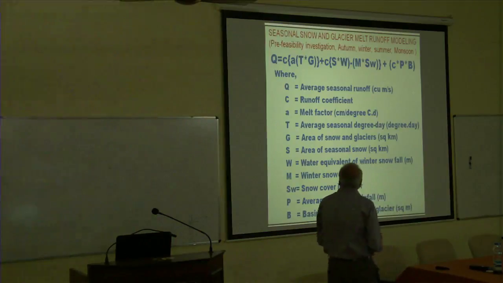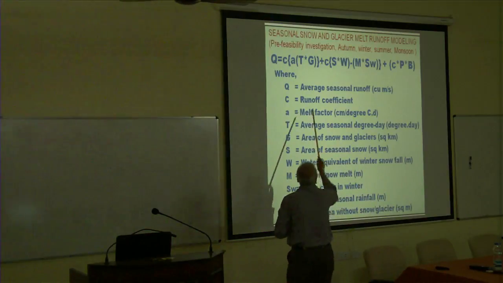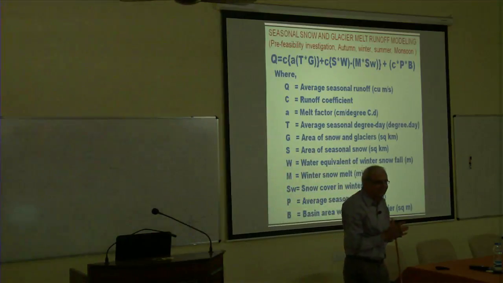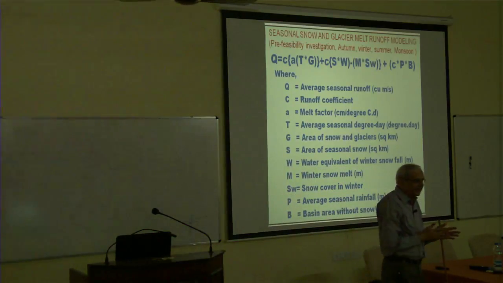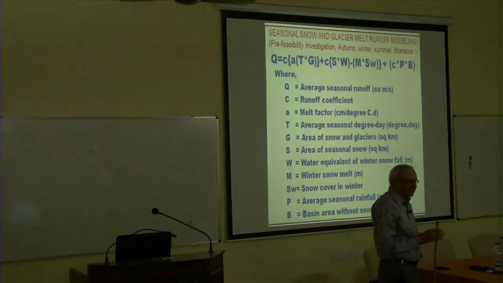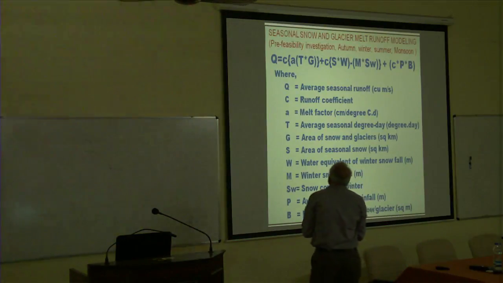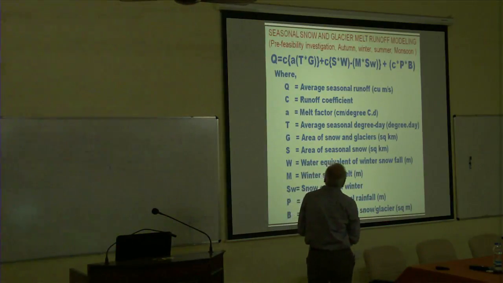So in this model, Q is the average seasonal runoff, which is in cubic meters per second. Is that clear? It is not total volume. It is cubic meters per second.